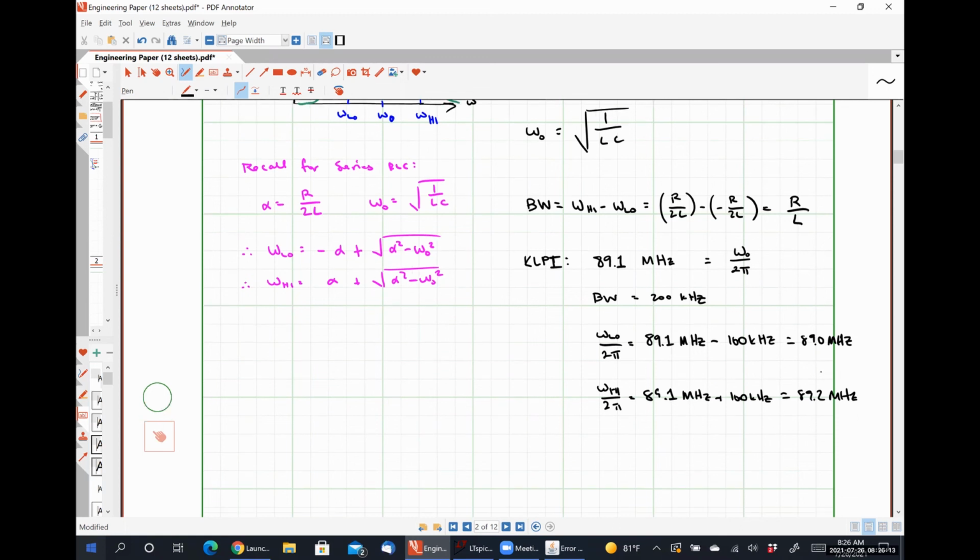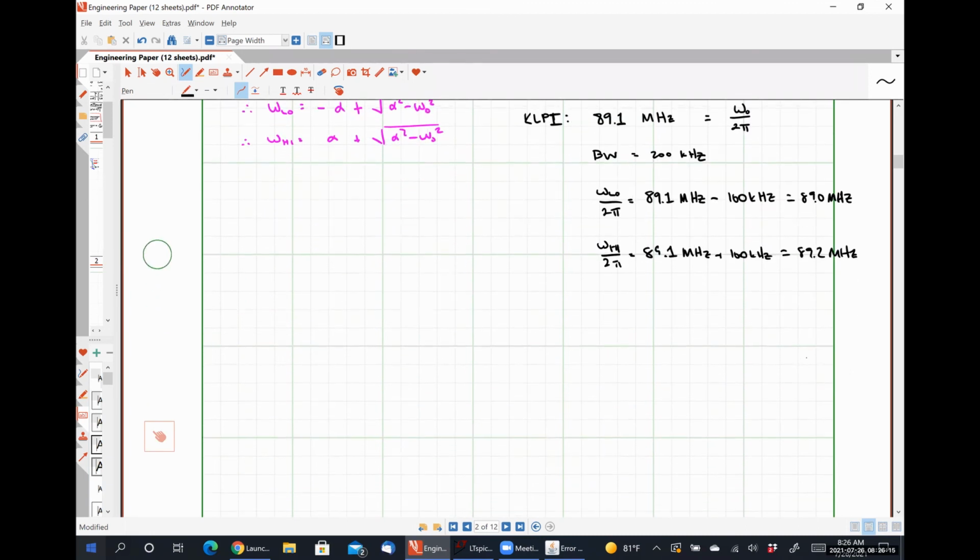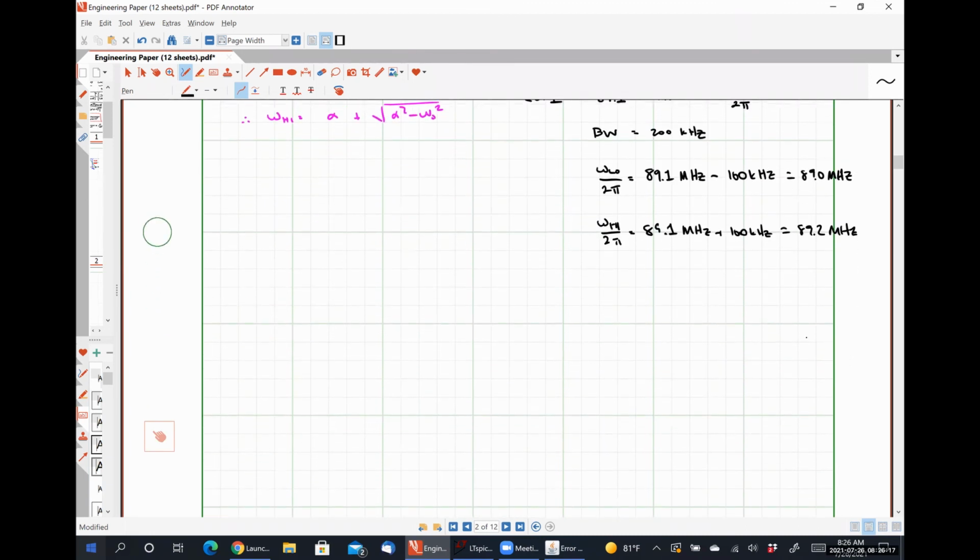All right, so circling back around, our phase response, theta H as a function of omega, is the inverse tangent of the imaginary portion.